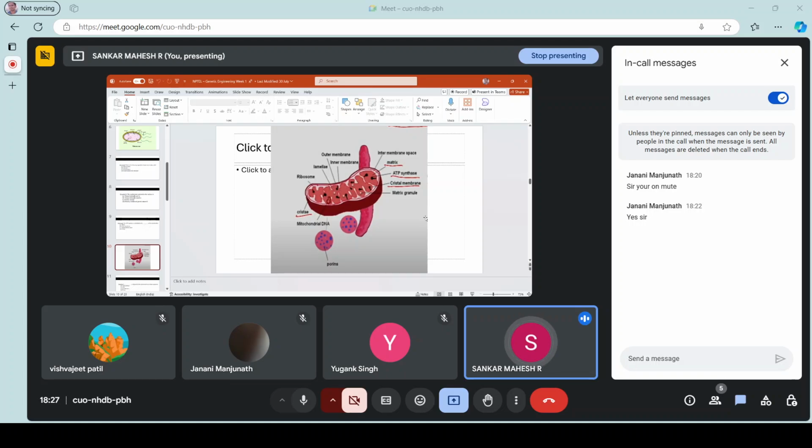Does anyone know if there are any other organelles that can also have DNA within them, other than mitochondria? Chloroplast. Okay, right. And do you know how these possibly inherited a DNA? Any idea about that?